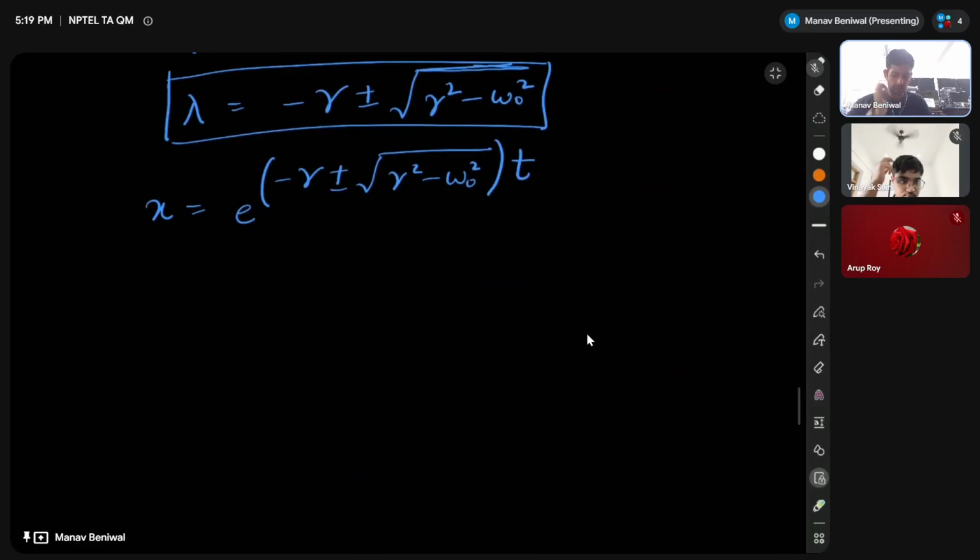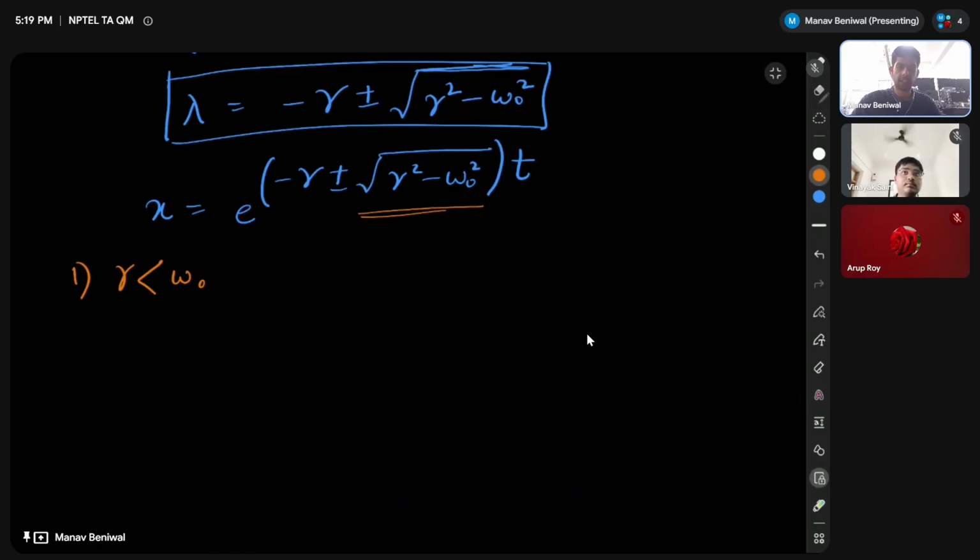This is what we have as of now. For the first case, we can have gamma being less than omega naught. Now what will that do? Let's focus on this term. If gamma is less than omega naught, this term will be negative.